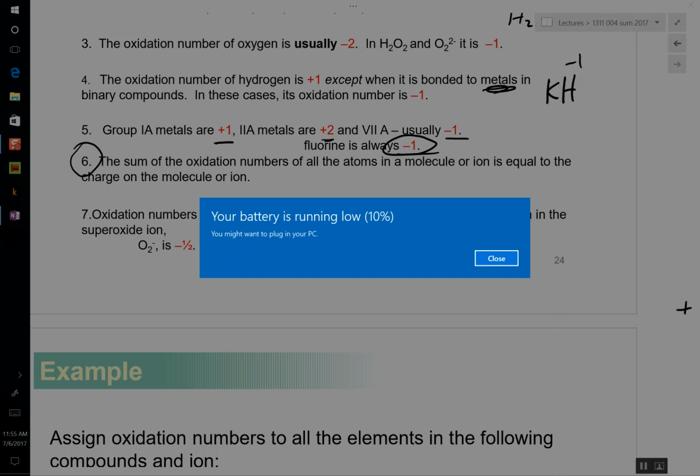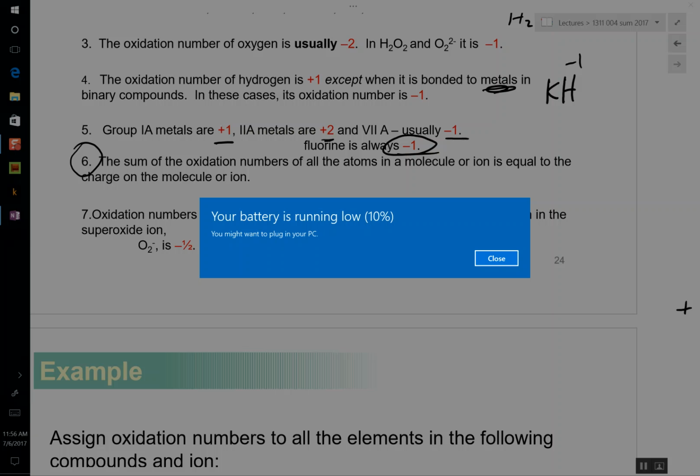So copper is +2 and sulfur is +6. There's no charge on copper sulfate.